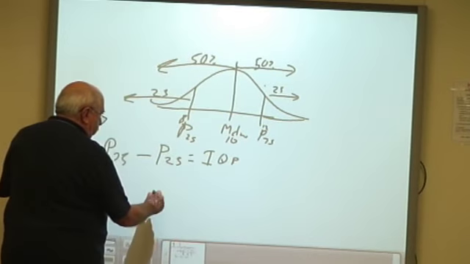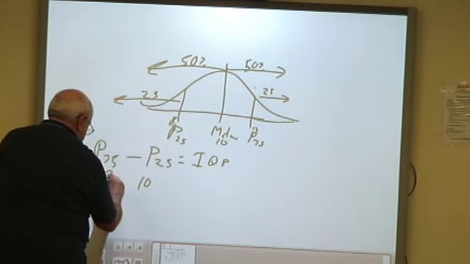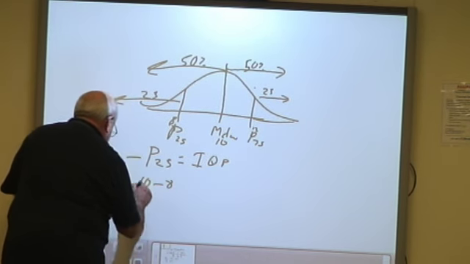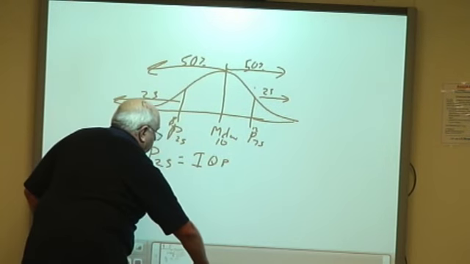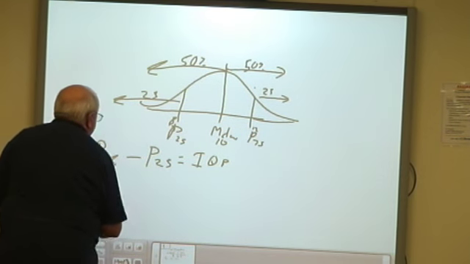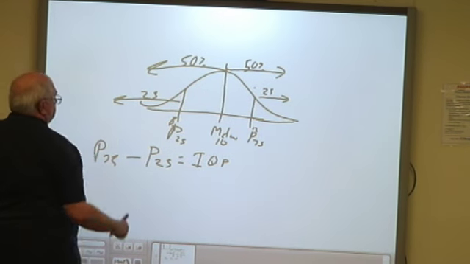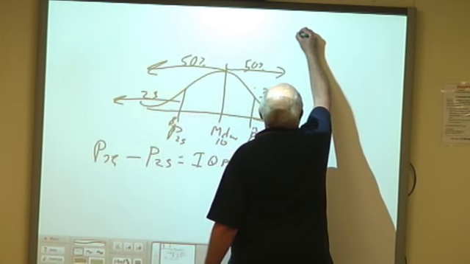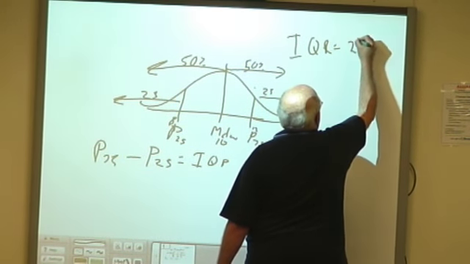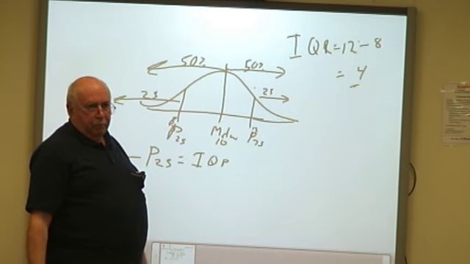So the IQR would be 12 minus 8, which is 4. Right? Follow that?